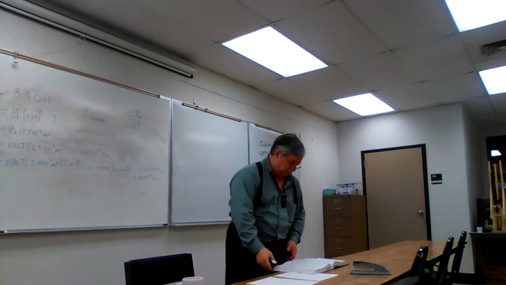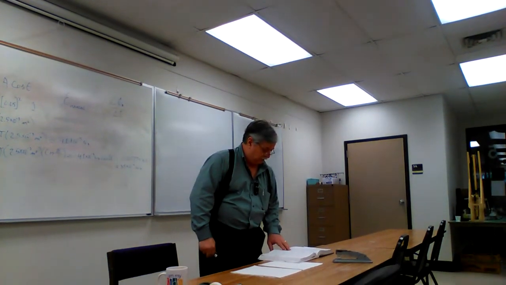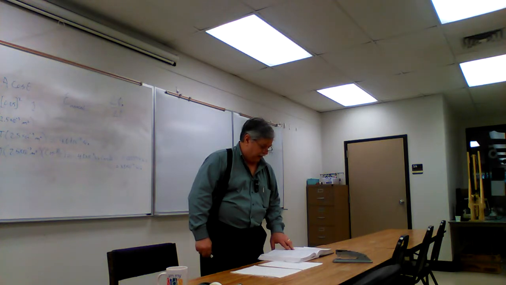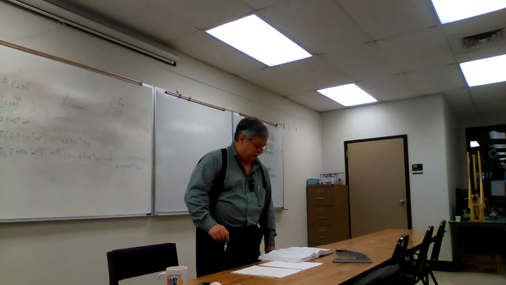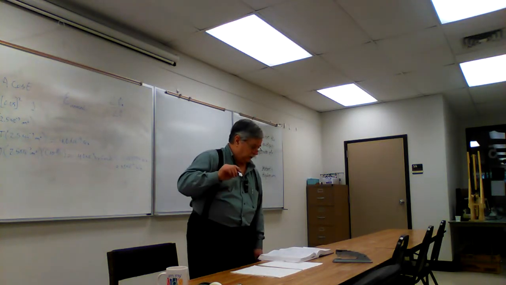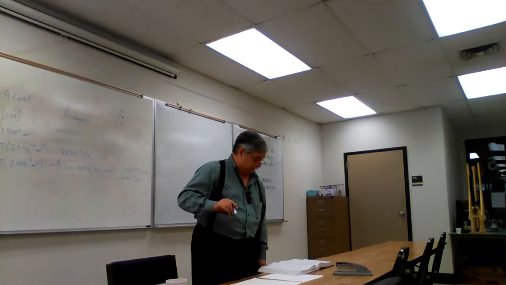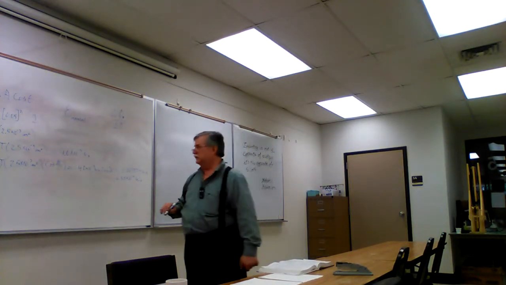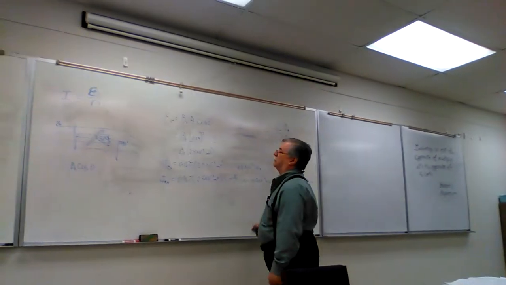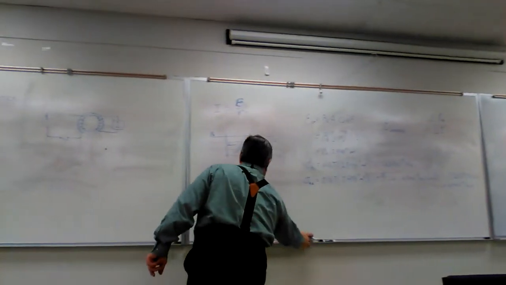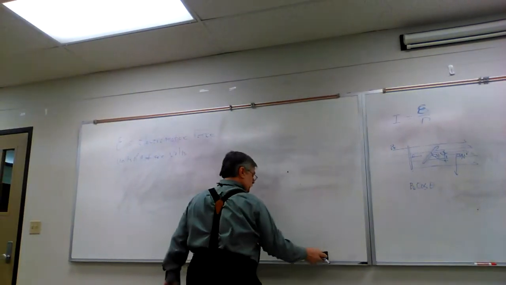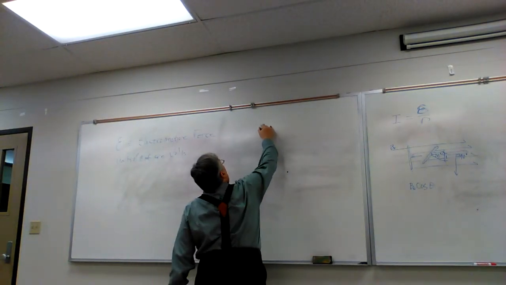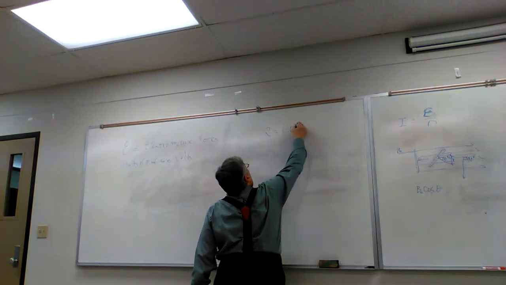Now, for part C, it asks, what is the magnitude of the average current in the loop if it has a resistance of 0.012 ohms and is rotated through that 30 degrees in 0.14 seconds? So we have resistance is what? 0.012 ohms.